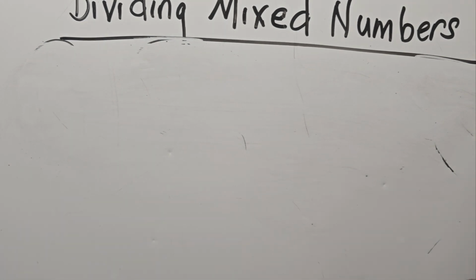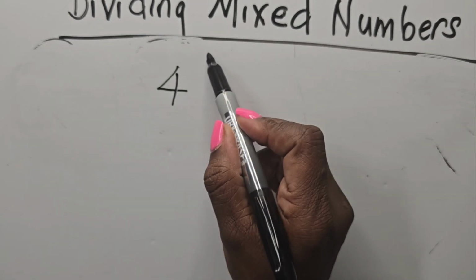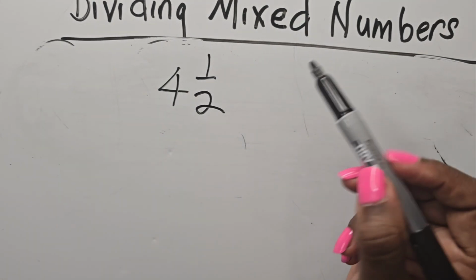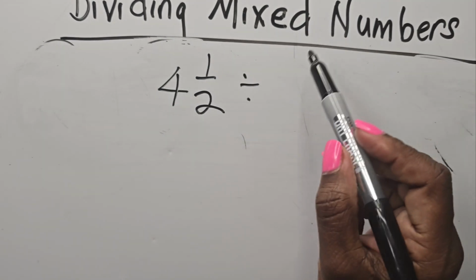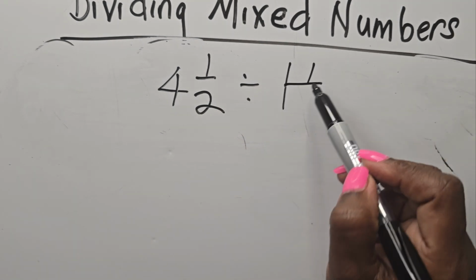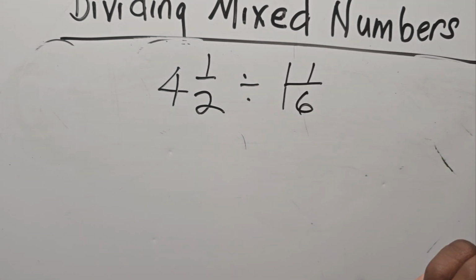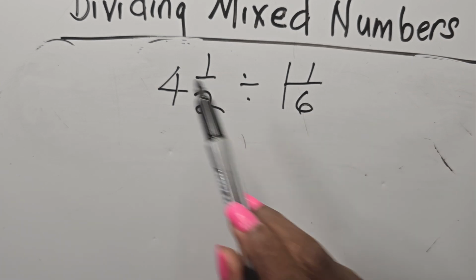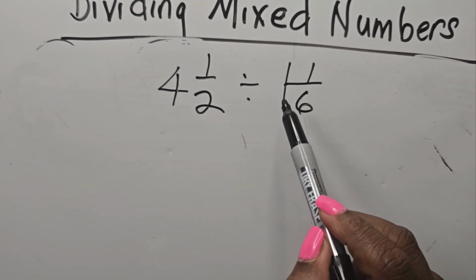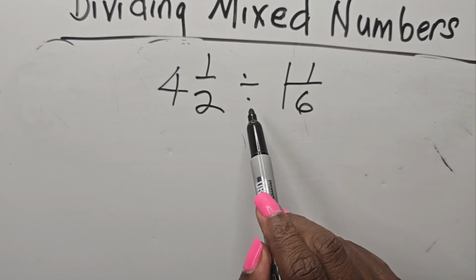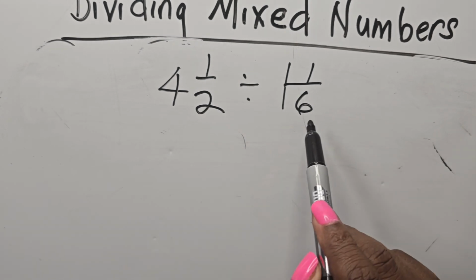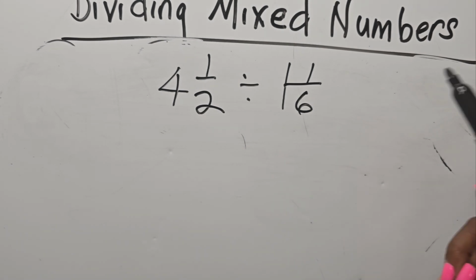So the next one will be 4 1/2 divided by 1 and 1/6. All right. Same thing applies. Rename, change the division to multiply, flip the last fraction.